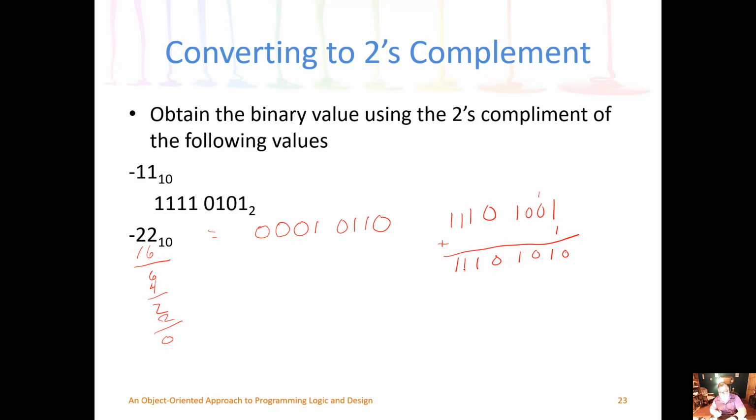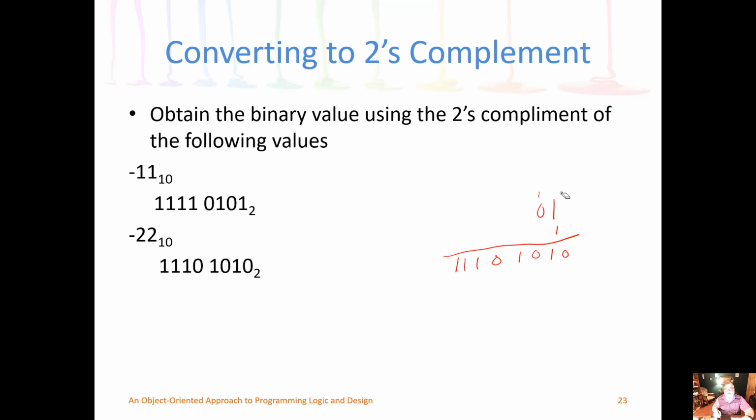So that would be a minus 22. Let's see how that goes. 1110 1010. Okay. And we'll erase this. And that's taking the 2's complement.